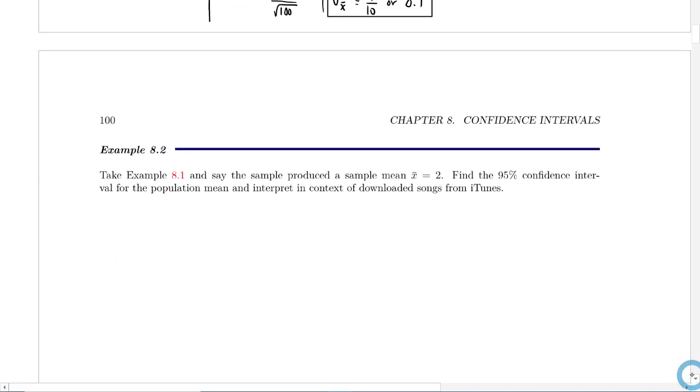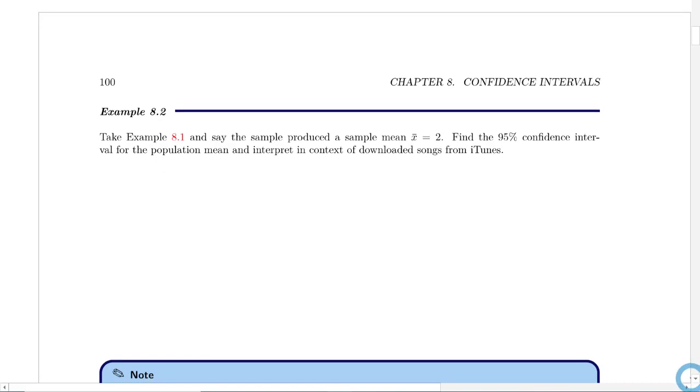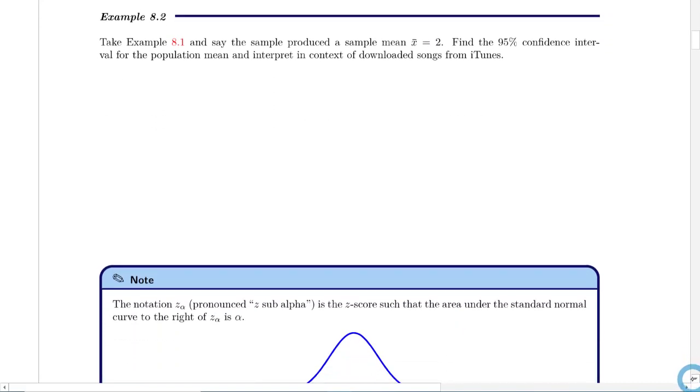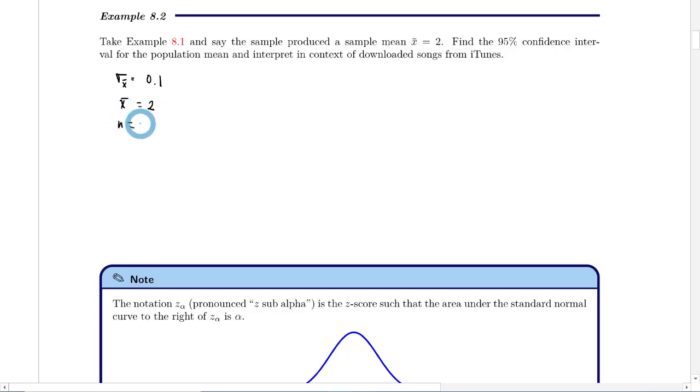Okay, so then what if we take this example and go one step further and say the sample produced a sample mean of x bar equal to 2. So remember that we had the standard deviation of the sample mean to be 0.1, and now we know that the sample mean is 2, and it was out of a sample of 100.